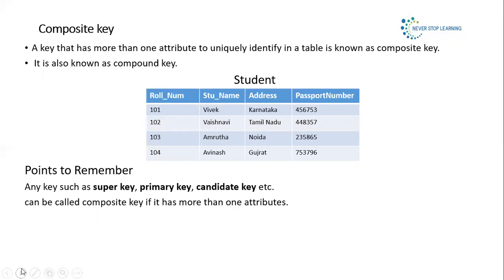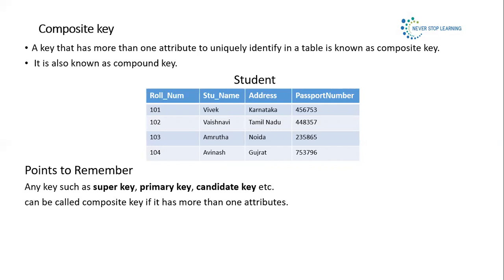However, when we combine it with other column or columns, the combination becomes unique. As I was saying, maybe student name and address together are not unique, but when I combine it with roll number, the combination will become unique, right?